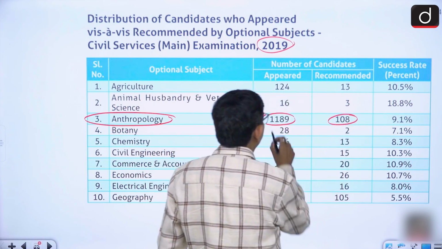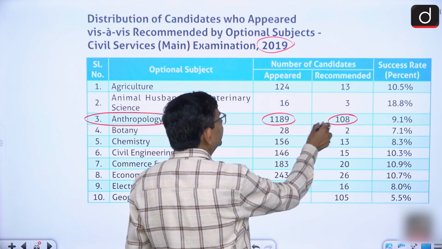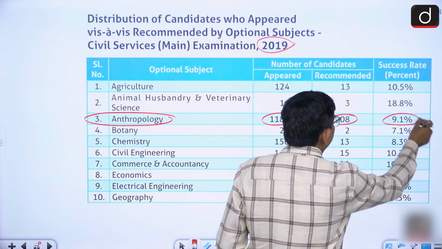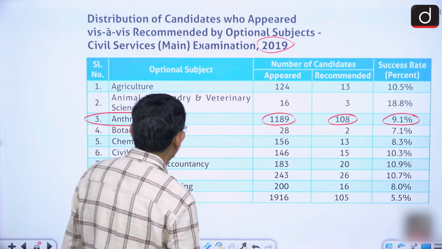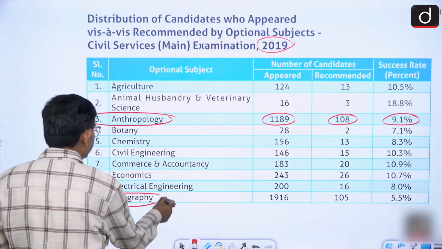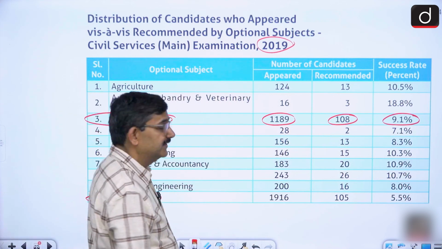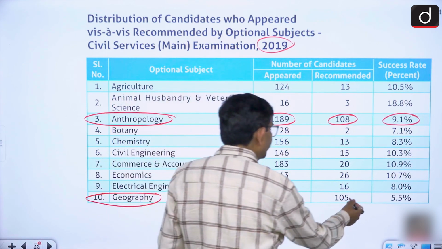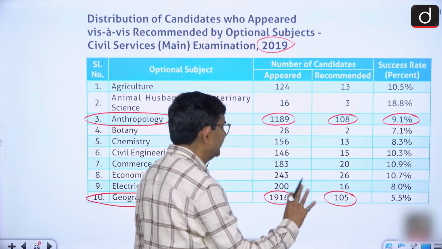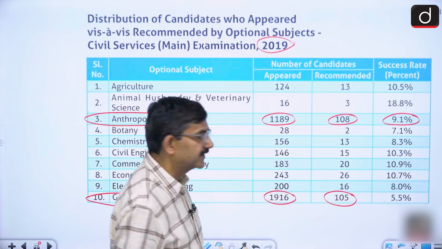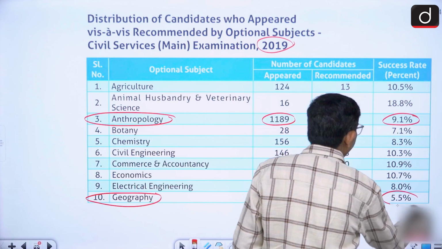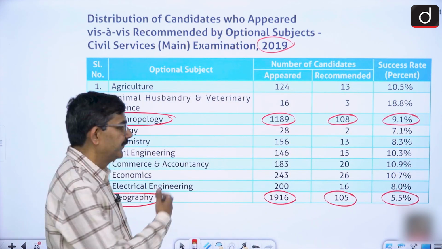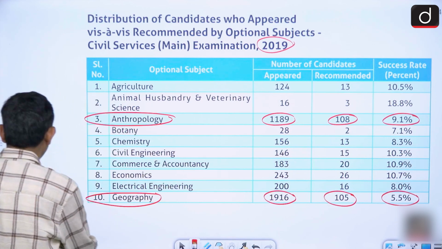So 1189 appeared and 108 recommended. Success rate finally is 9.1. Geography. Like last year, it is 1916 appeared, 105 selected, almost the same number of candidates got selected, and the success rate is 5.5. It was 5.1 in 2018, now it's 5.5% in 2019.